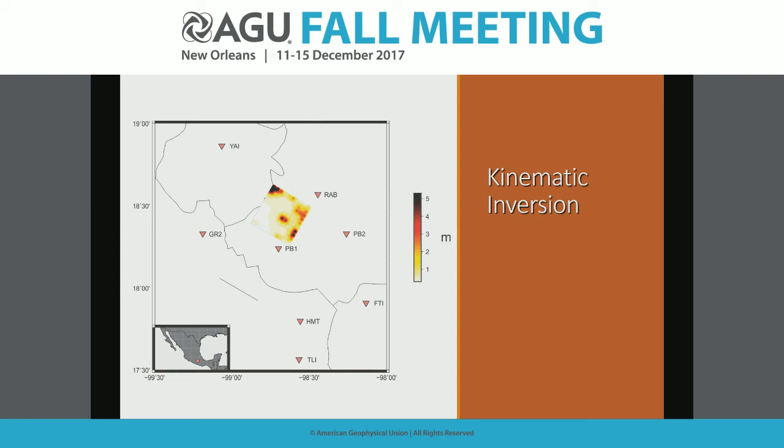Have you actually tried to expand the box to see if you can get the full edge, because it's clearly sitting right at the edge of your box? I tried, and the fits are better, but the slip is not so smooth, so there is a trade-off to choose between the reliable solution and the fits. But yes, I tried. Okay.